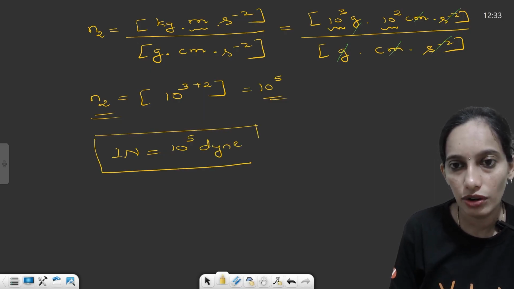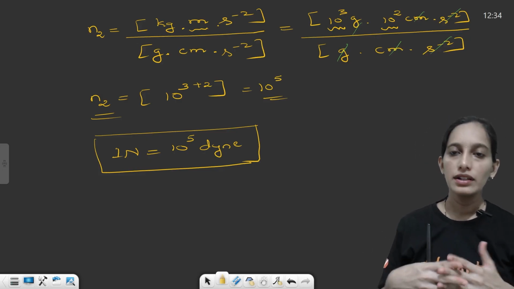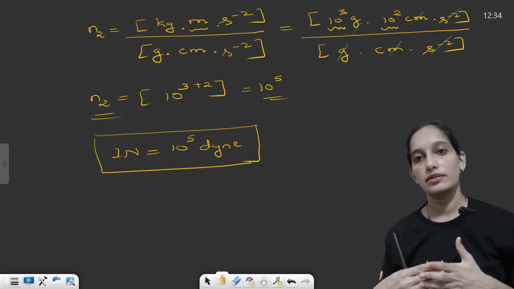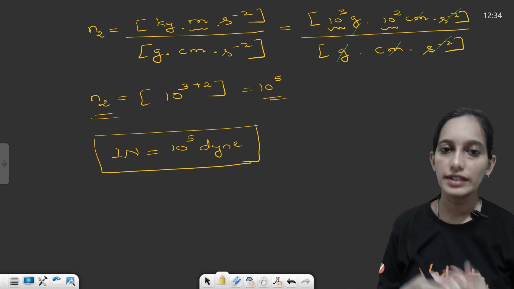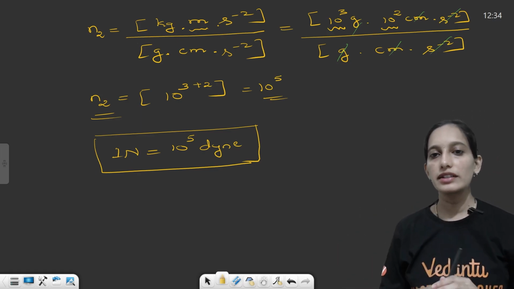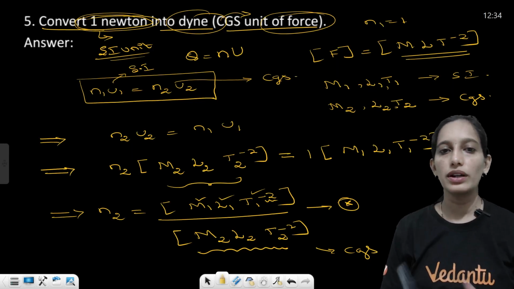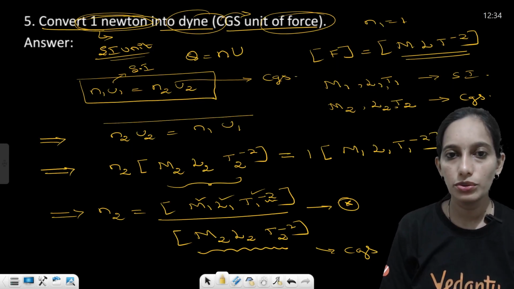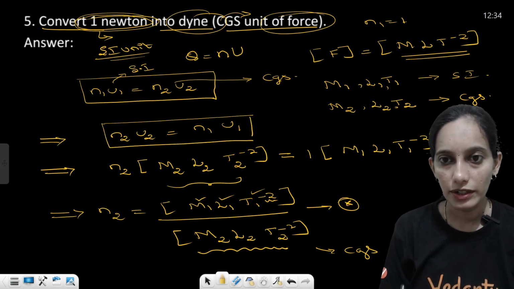This is how we convert Newton to dynes, or any other physical units from one system of units to another: consider their dimensions and use the formula n1 u1 is equals to n2 u2. This is the basic formula.